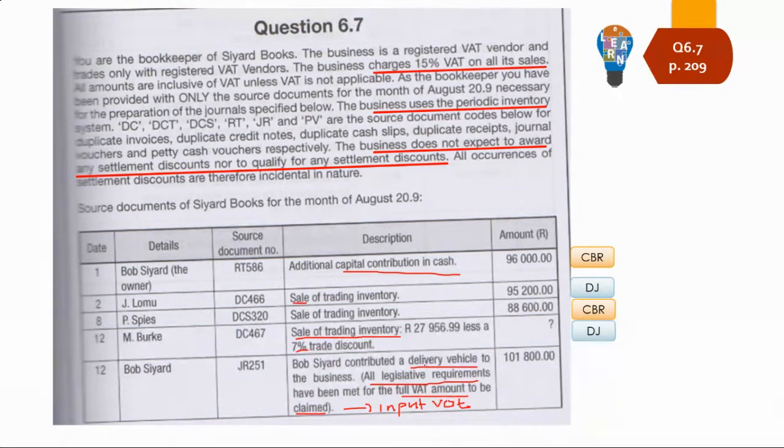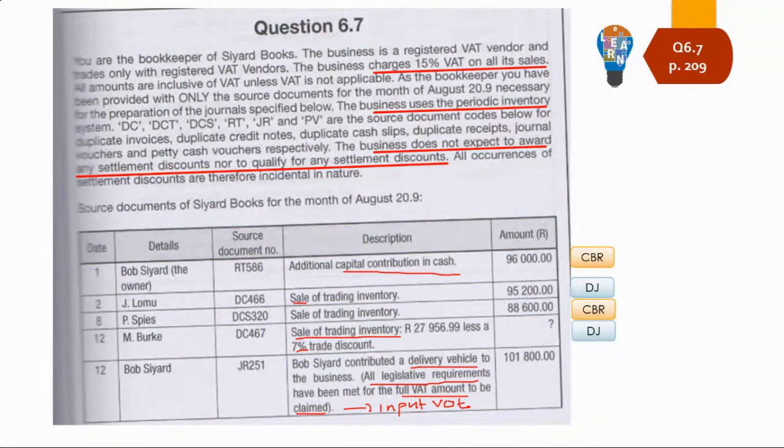Okay, so because of the fact that we've got a delivery vehicle, to what journal do you think we will have to post this information? So the fact that the owner has given us a vehicle, to which journal do we have to take it?